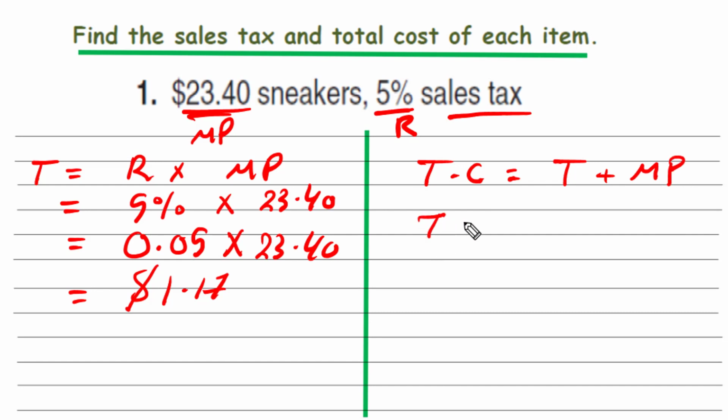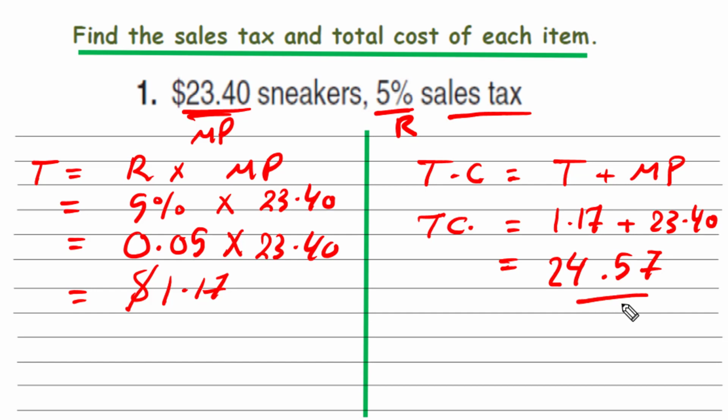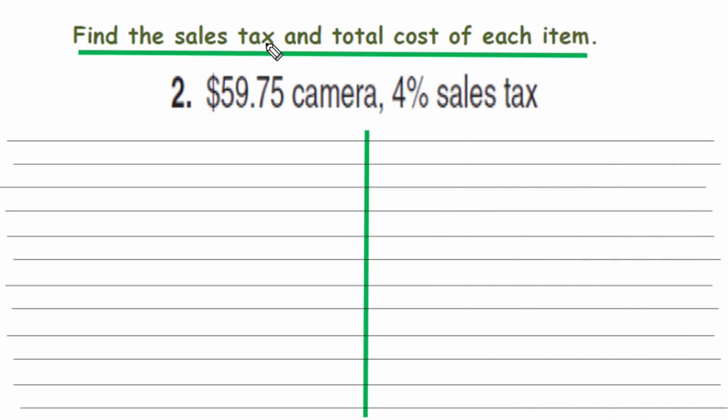So total cost is equal to 1.17 plus 23.40. Now just add: 7 plus 0 equals 7, 1 plus 4 equals 5, bring down the decimal point, 1 plus 3 equals 4, and bring down 2. We get $24.57.